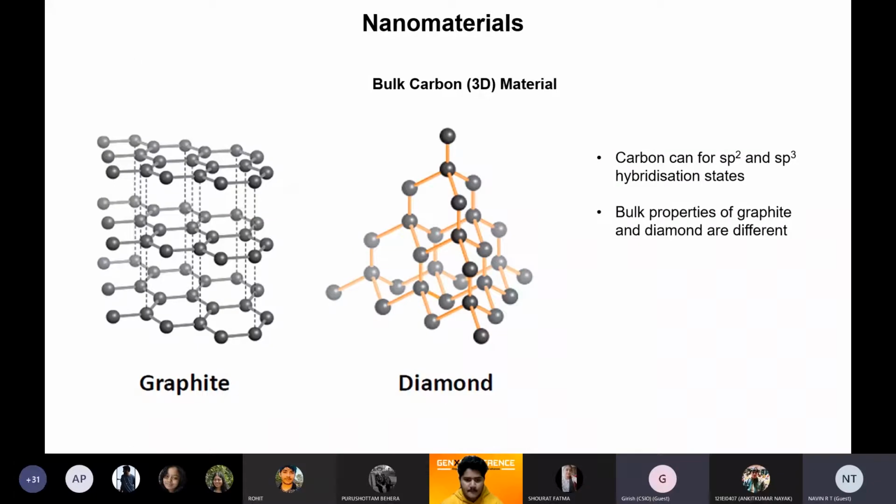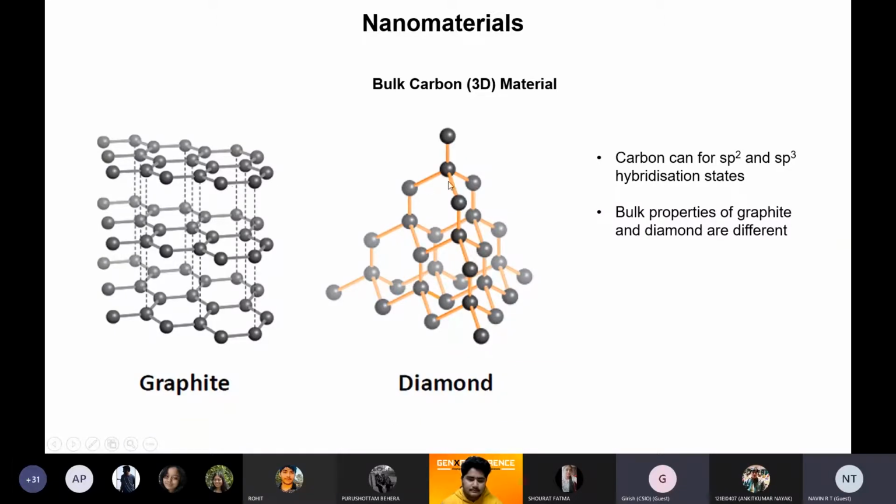So now coming to carbon. These two effects which I have discussed earlier are also observed in carbon. But if we first consider the bulk allotropes of carbon, there are two: one is graphite and the other is diamond. These are the three-dimensional bulk allotropes of carbon. We can easily see that in graphite, the carbons are sp2 hybridized, that means each carbon is bonded with 3 other carbon atoms.